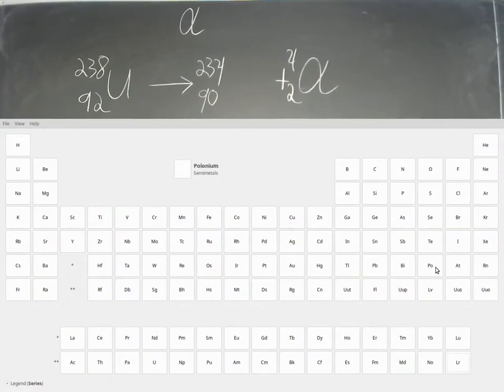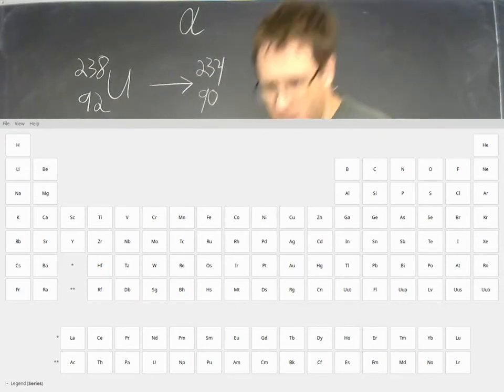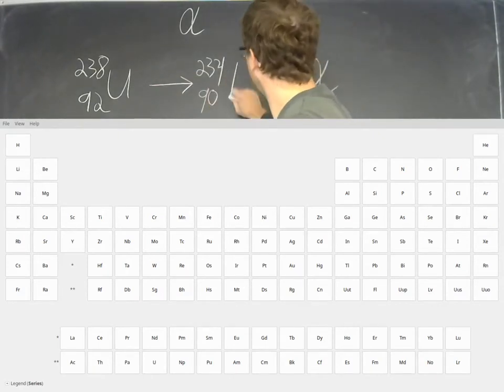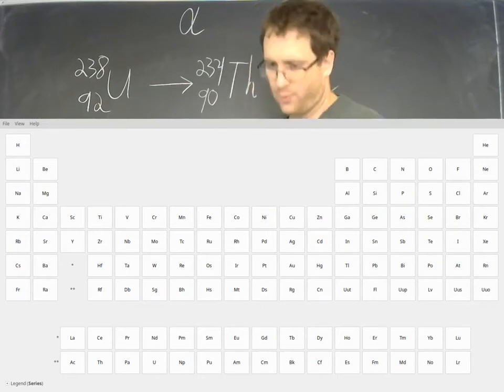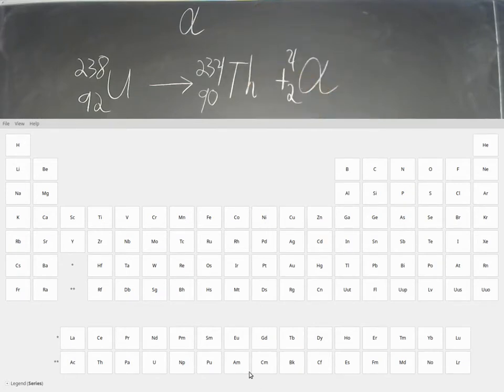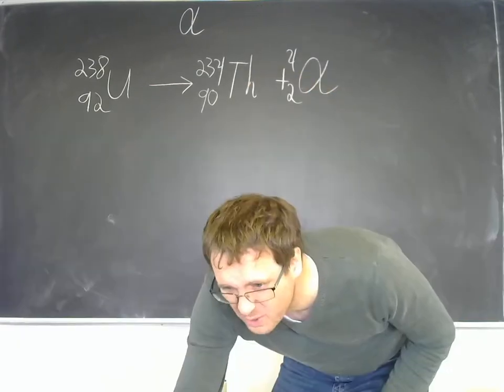Lead's 82, polonium's 84. Oh, you know what I should do? I should find uranium. There it is, 92, and just go down 2 positions. Thorium is 90. So I'll put a TH. Thorium. And let's get rid of that periodic table.